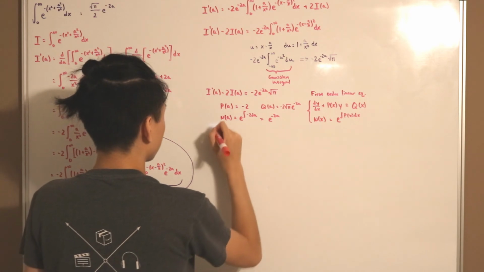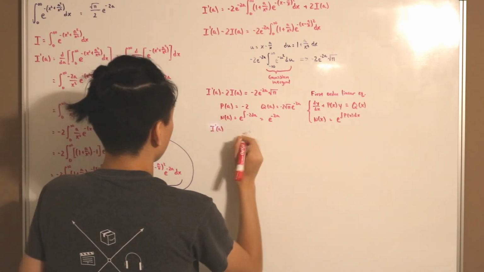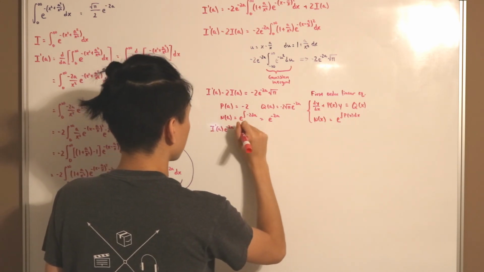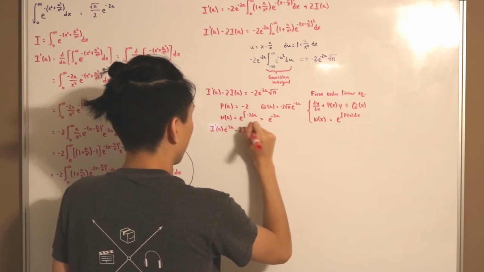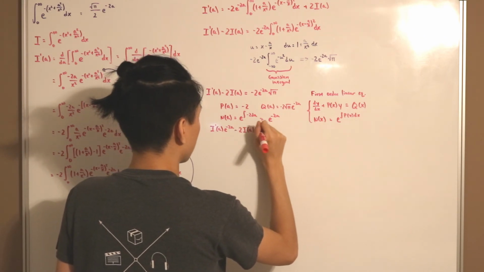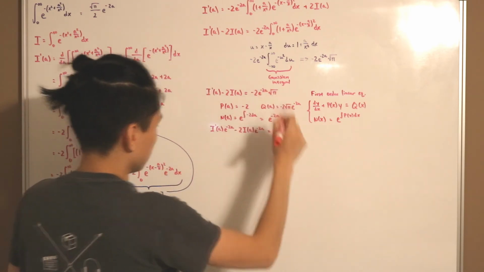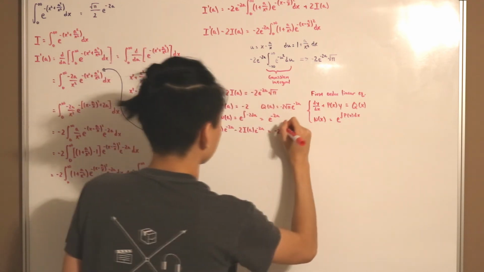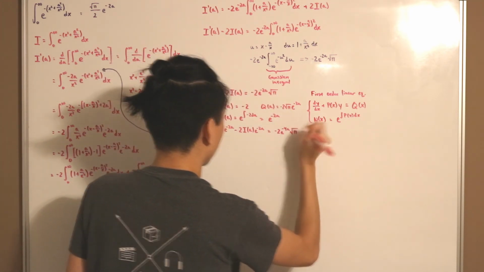So in other words, this is written as I prime of a multiplied by e to the -2a, then minus 2 I of a multiplied by e to the -2a, which is equal to -2e to the -4a multiplied by the square root of pi.